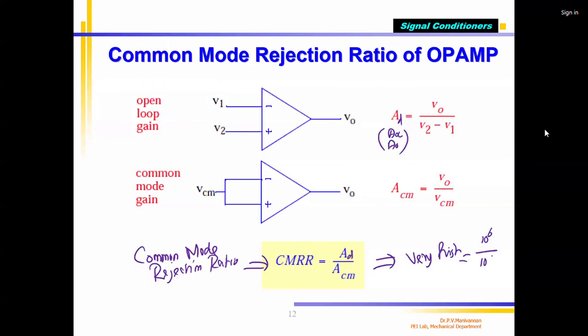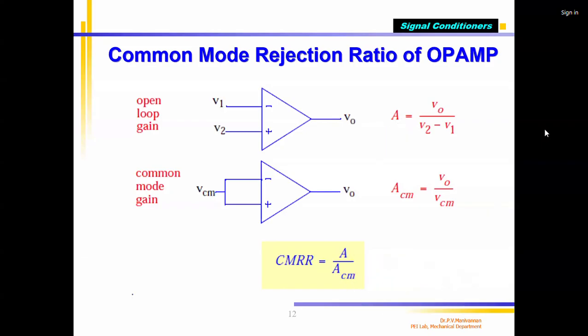So I say 10 power minus 5. So CMRR for 741 goes up to 10 power 11. Correct? This is better. But basically what I want is, if AD is infinity and ACM is 0, then CMRR will be infinity. That's what I want theoretically. Practically it is not possible. Okay.